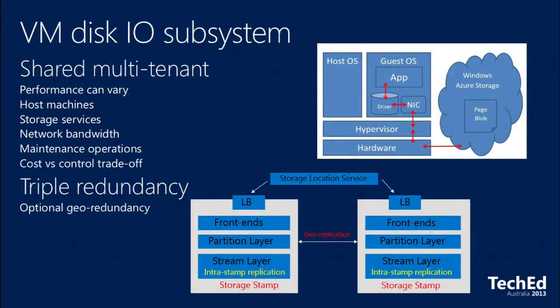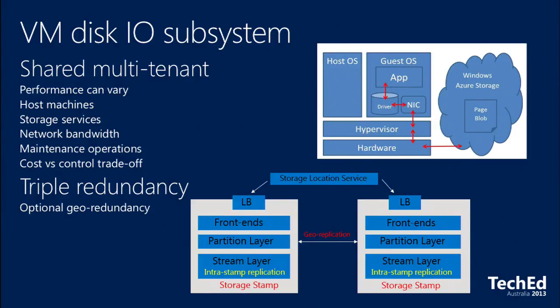Now, if you look at the I/O subsystem here, again, this is a very standard Hyper-V type structure, where the guest operating system is working through the hypervisor and then wandering off to Azure storage, where this sort of blob store occurs. Inside the blob store, the storage location service determines which location that's occurring in.